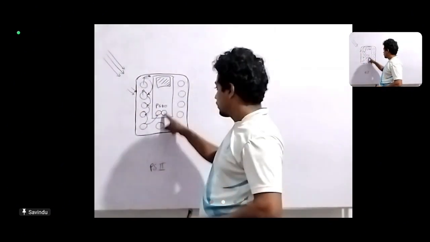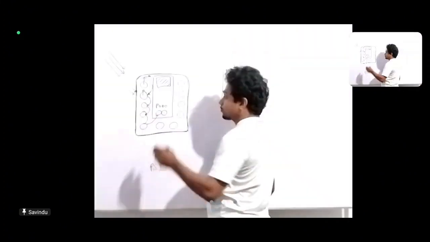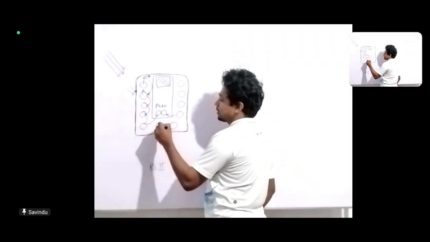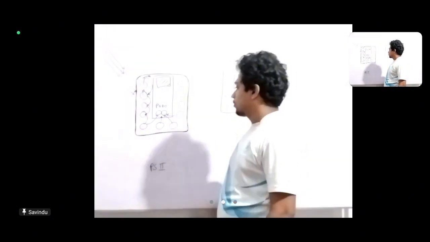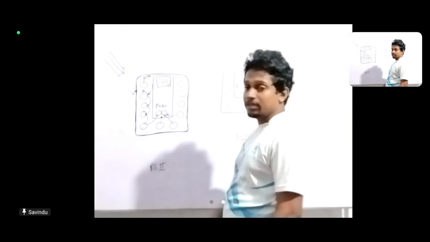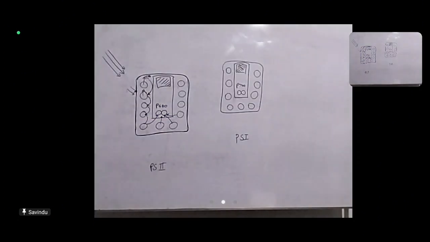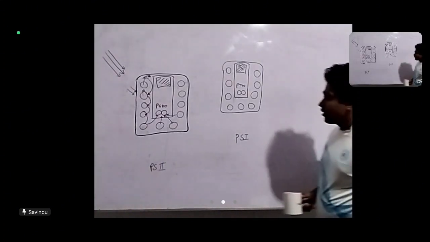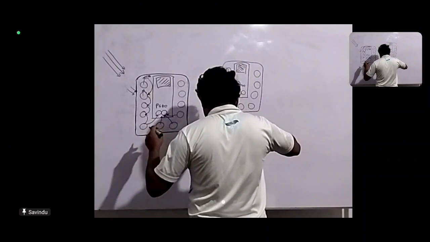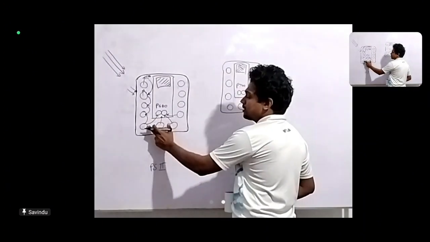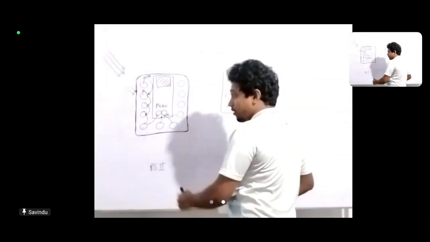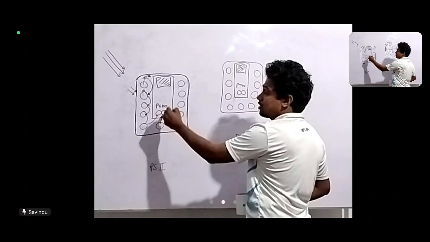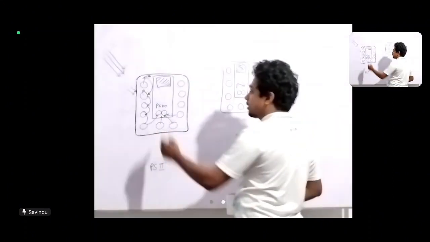What happens? All the chlorophylls and other photosynthetic pigments transmit energy from one pigment to another, and all of it is collected into this special P680 chlorophyll molecule.